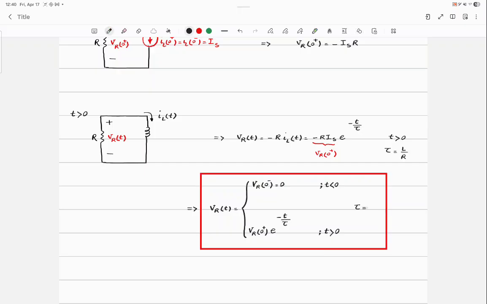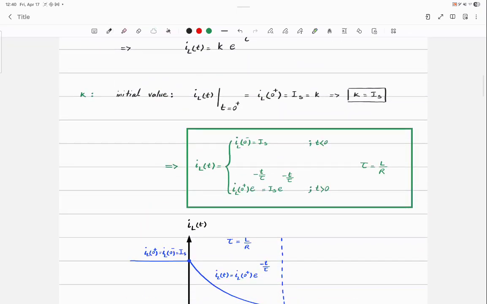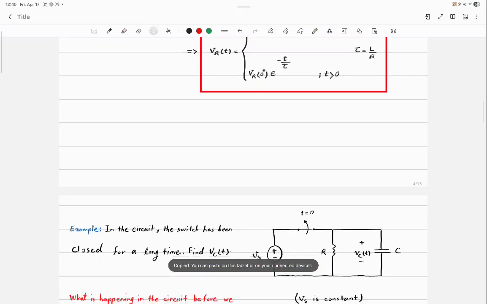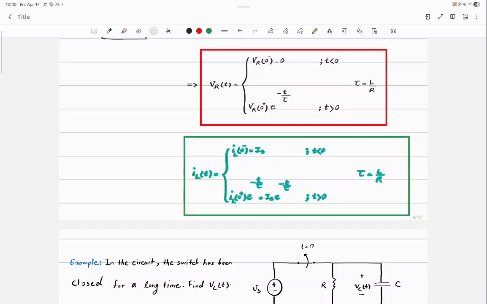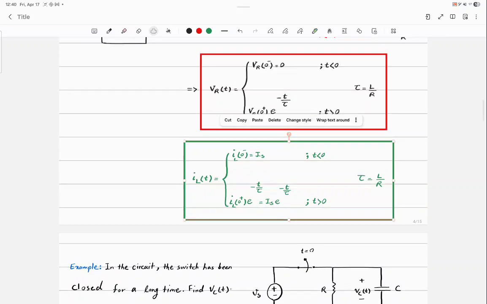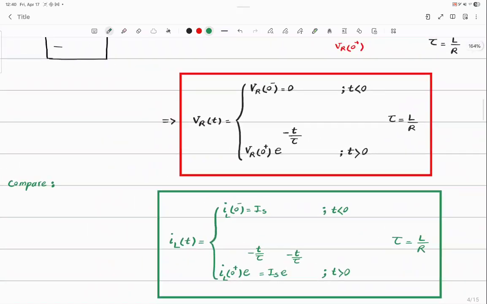Remember that tau is equal to L over R. Now I'm going to copy this here, and I'm asking you to compare it with the red one. What do you see?